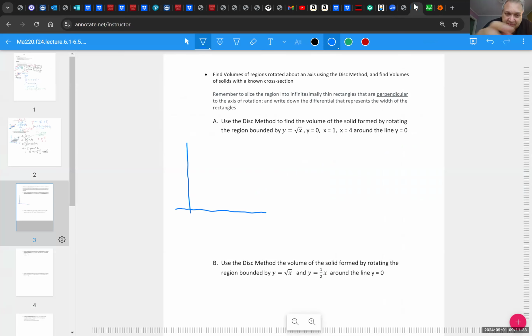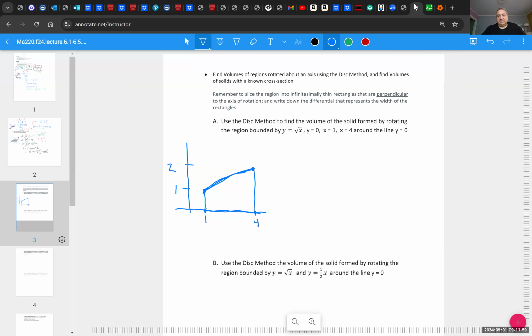Then left, right, bottom, and connecting like this. Okay, so that's my region.